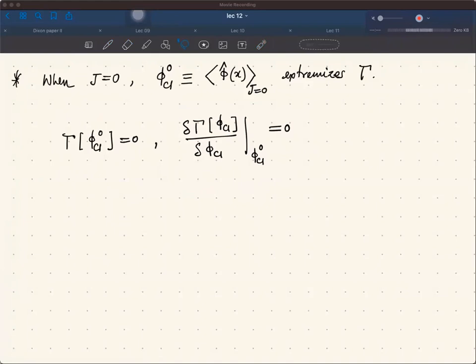So phi CL 0 is basically a solution of the effective action. It's an extremization of the effective action.